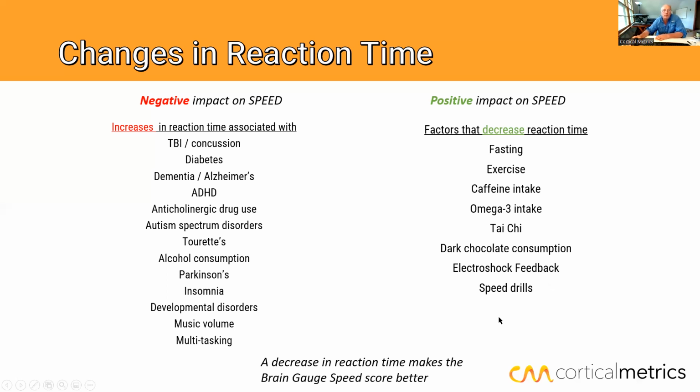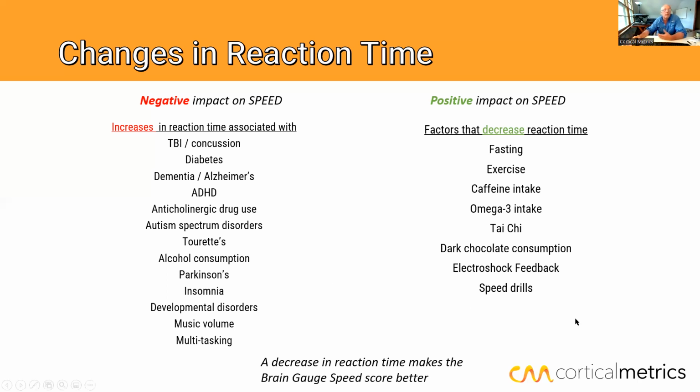And one thing to consider is that the brain gauge reaction time test is actually a speed drill. So if you test a lot, like every day or a couple of times a day, you're going to get faster. This is well known in competitive sports and athletics, where people do speed drills. The reason they do speed drills is to get faster, so they can get off the blocks faster and respond quicker.